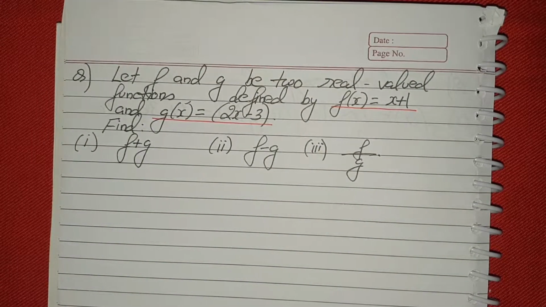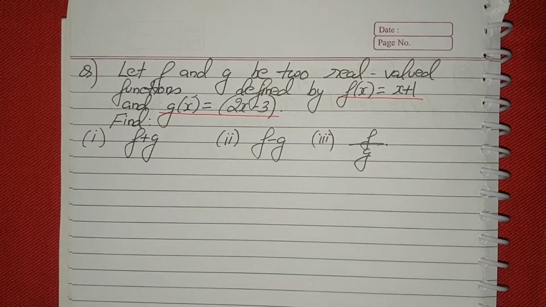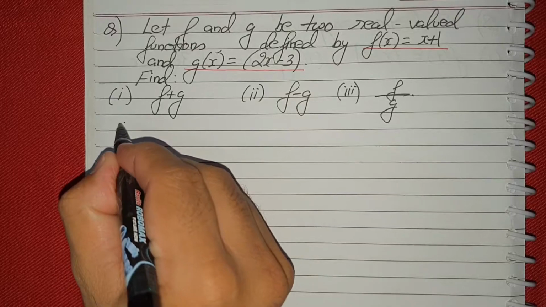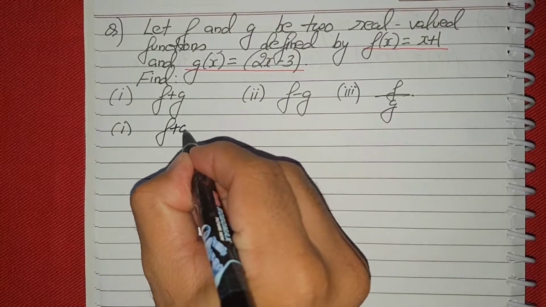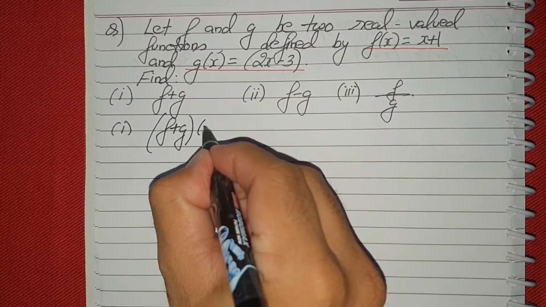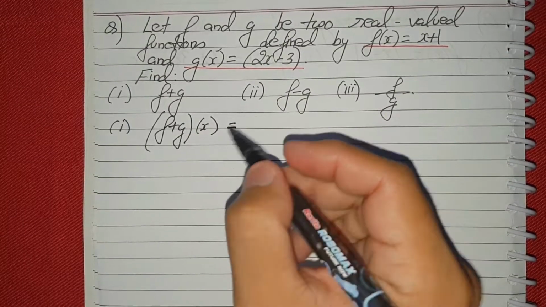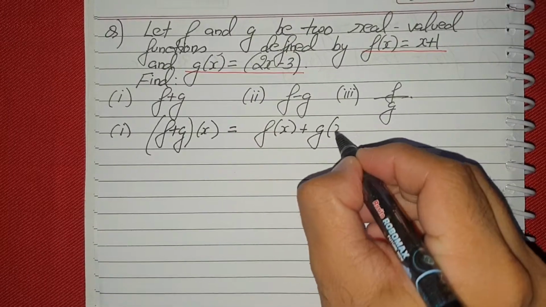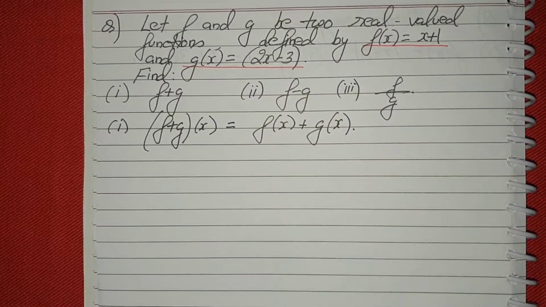As we have already discussed this in the theory part, starting with the first part, (f + g)(x) will be f(x) + g(x).